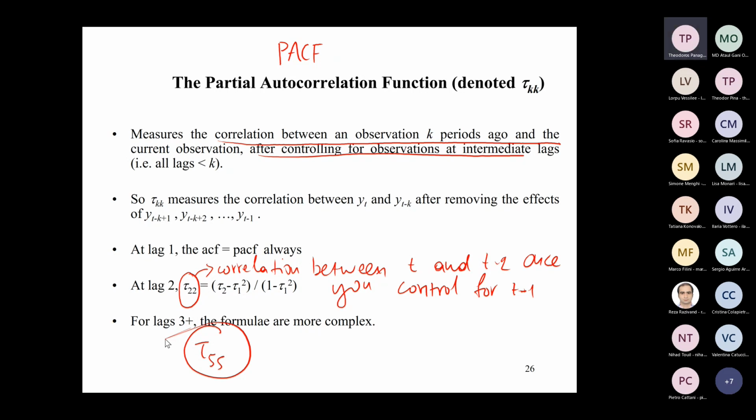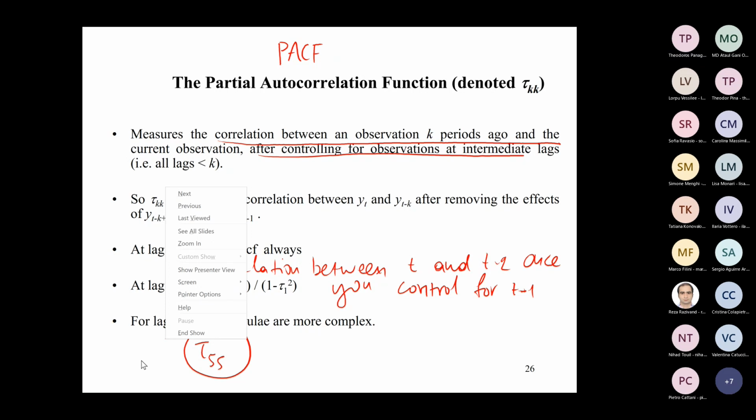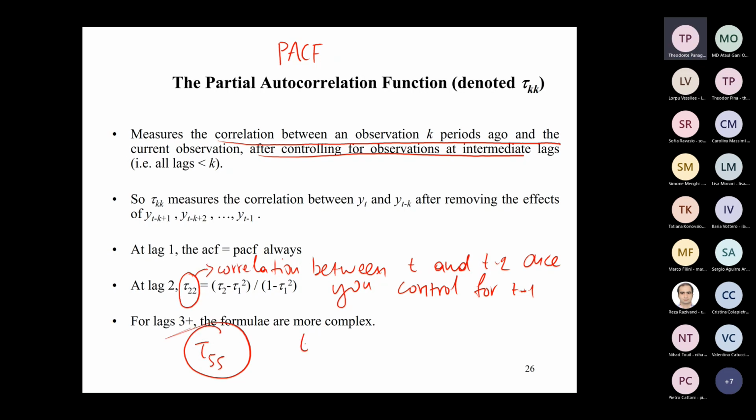So tau 5 is the relationship between t and t minus 5 once you remove the effect of t minus 1, t minus 2, etc. up to t minus 4.